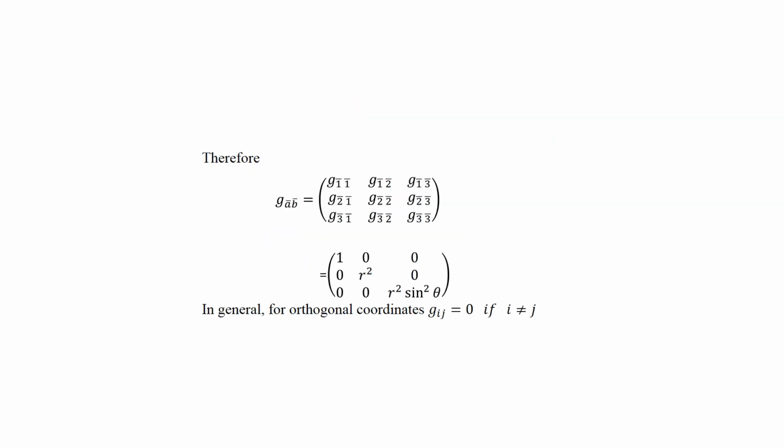Okay, so we have g a bar b bar equal to g1 1 bar, g1 2 bar, g1 3 bar, g2 1 bar, g2 2 bar, g2 3 bar, g3 1 bar, g3 2 bar, g3 3 bar, which is equal to, substituting the values of all these parameters, 1 0 0, 0 r square 0, 0 0 r square sin square theta. In general for orthogonal coordinates, g i j equals 0 if i is not equal to j.